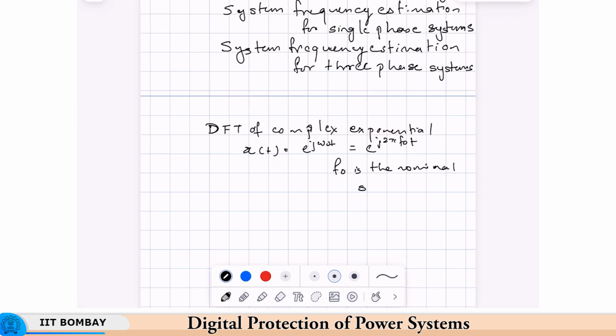We will see what happens if the frequency changes from f naught to f and all that. In fact, that is the whole motivation of this theory. f naught is the nominal system frequency. Okay.